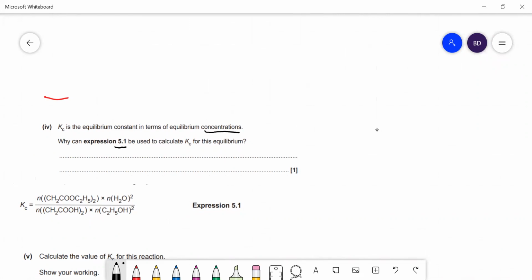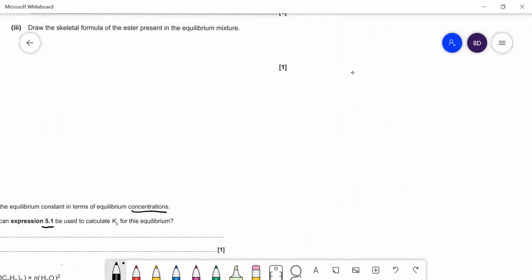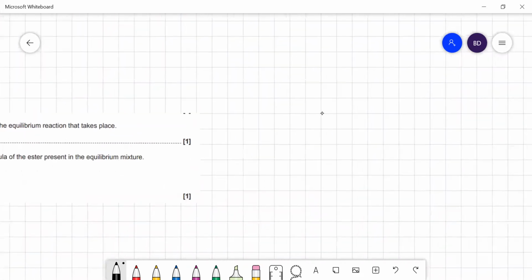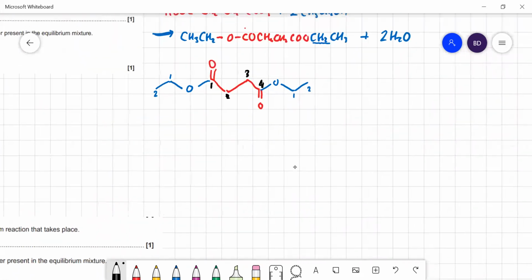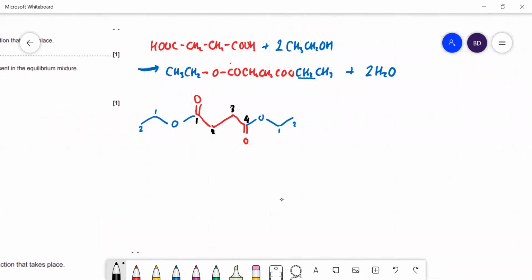Well, the reason why is if you look at the equation here, you have got the same number of moles on both sides of the equation. On the left-hand side of the equation, we've got 1 and we've got 2, so 3 moles, and on the right we've got 1 of the ester and 2 waters.